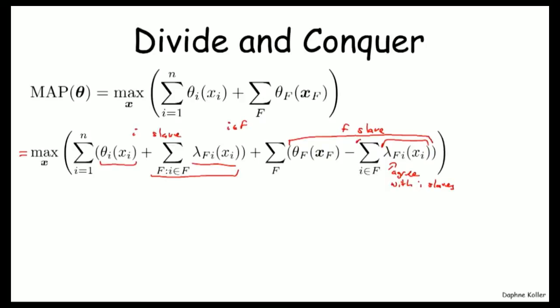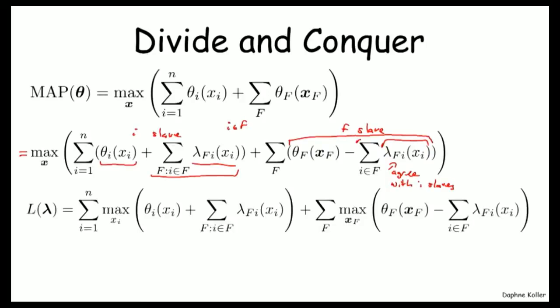So far I've had equality, but now I'm going to really let each agent make their own decisions. Before there was still the maximization on the outside, now I'm going to let each agent look at its little set of factors that it owns, including the penalty terms that it has in order to agree with the other slaves. And each one is going to make its separate optimization with all of those terms together.